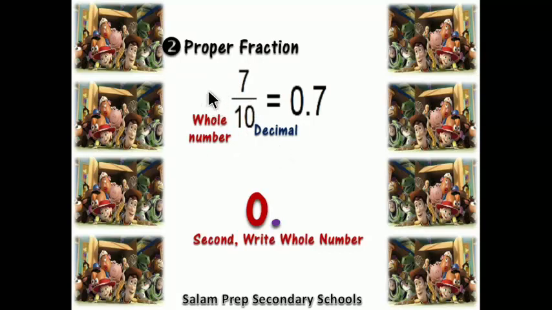Look, there is no whole number. So in the whole number part, we will write 0, like this. Before the decimal point, we will write 0. There is no whole number, so we will write 0.